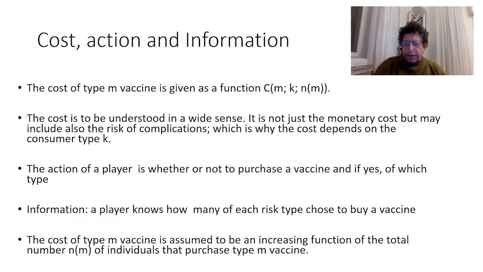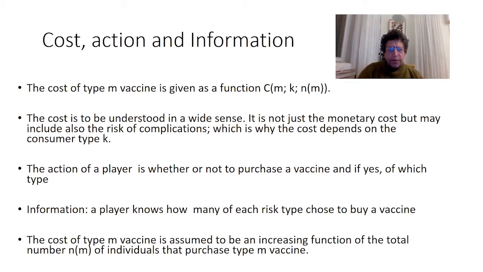The cost and the action. The cost of type M vaccine is given as a function that we call C, whose arguments are M, which is the vaccine type, K, which is the risk state, and N_M, the number of users who chose that M. The cost is to be understood in a wide sense.